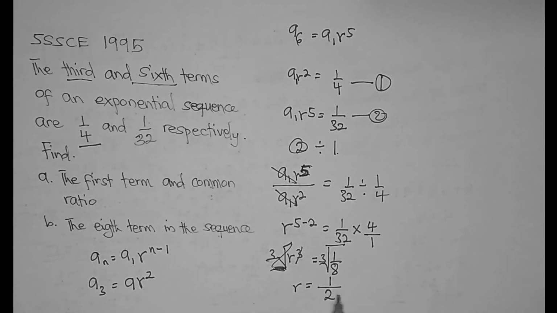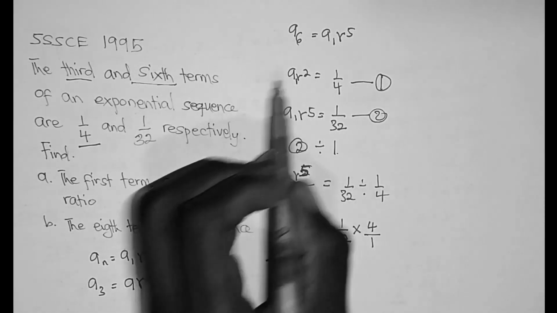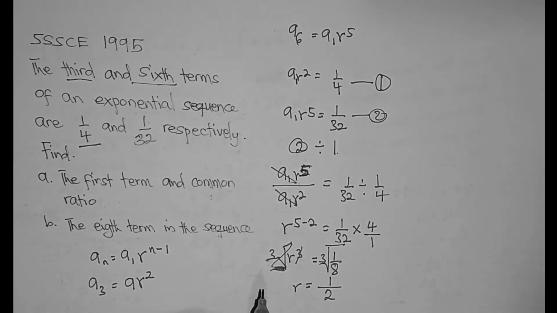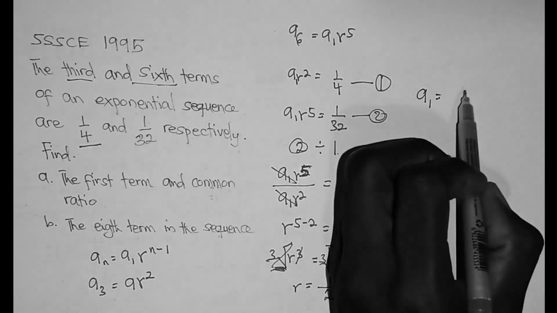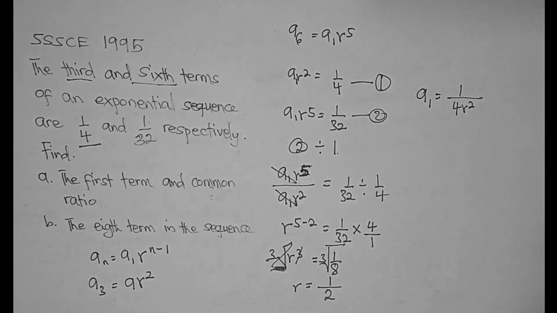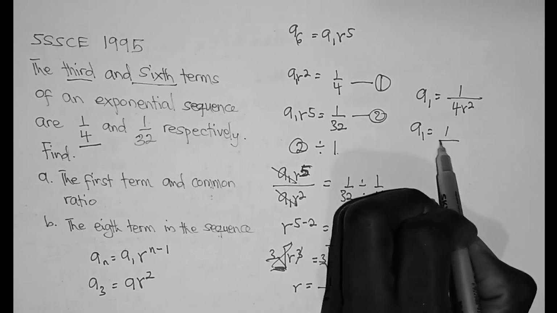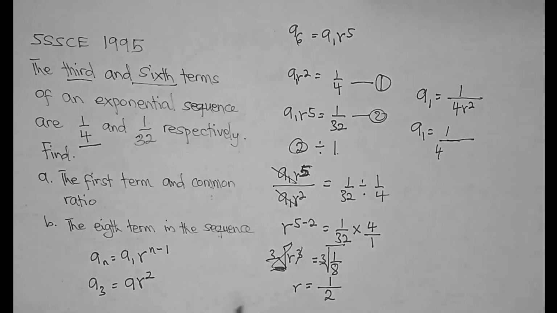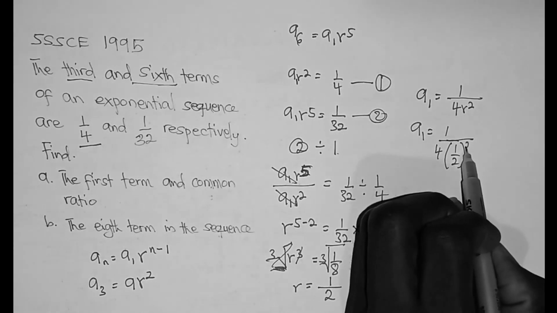So let's put r equals 1 over 2 into, let's say, equation 1 and find the value of a1. So equation 1 is a1 r exponent 2 equals 1 over 4. So let's make a1 the subject. It's equal to 1 over 4 r exponent 2. So a1 is equal to 1 over 4 times r, r is 1 over 2, 1 over 2 exponent 2.